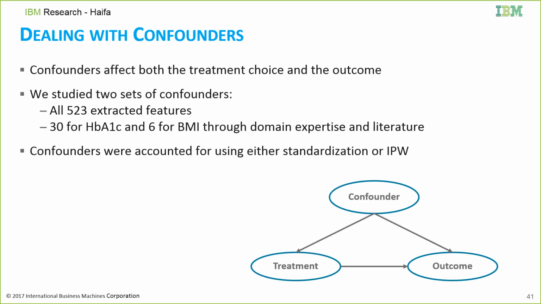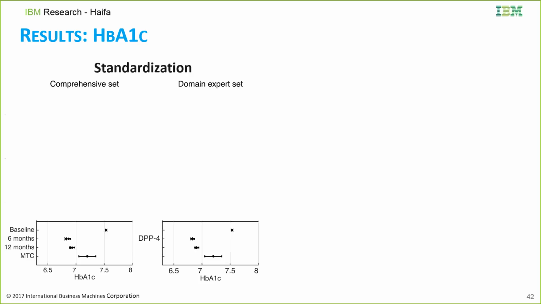One looking at all confounders, and the other one using domain expert knowledge, identifying 30 different confounders for hemoglobin and for BMI. And I will also compare the effect estimations using IPW and so on.